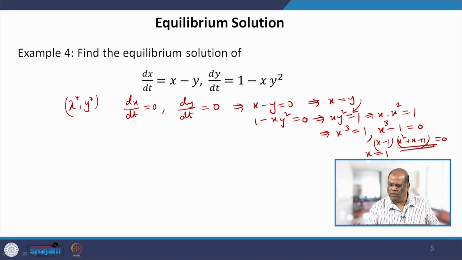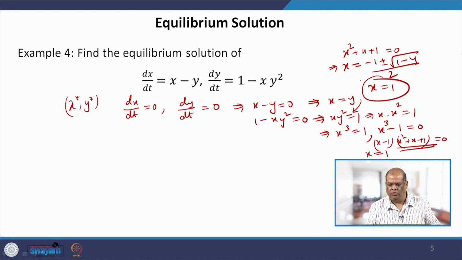And if you put this equal to 0 and try to find the solution, x square plus x plus 1 equal to 0, we use x equal to minus b plus minus root over b square minus 4ac divided by 2a, and you can see there is a negative, minus 3, inside the square root. So, this will give you an imaginary solution, and hence x equal to 1 is the only real solution here.